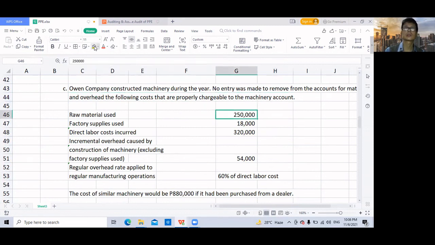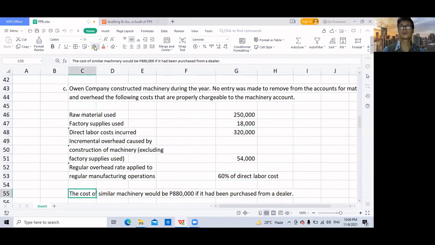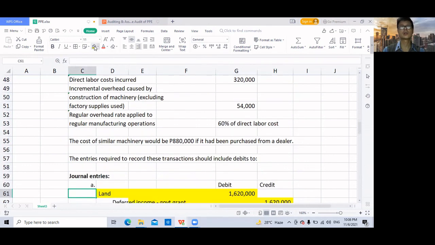So here are the raw materials used, 250,000. Again, factory supplies, 18,000. Direct labor costs incurred, 320,000. And incremental overhead, that's 54,000, plus 60% of the direct labor cost. And so the cost of the machinery would be 880 if it had been purchased from the dealer.